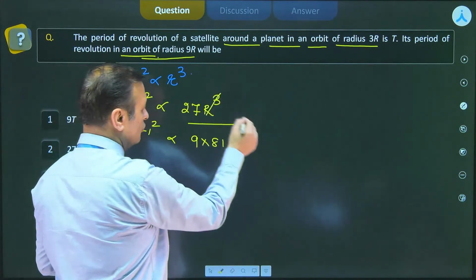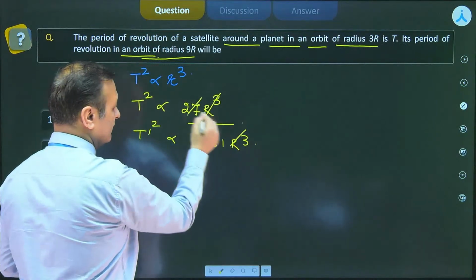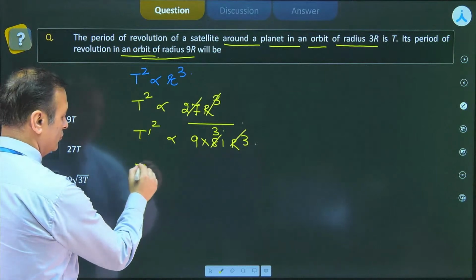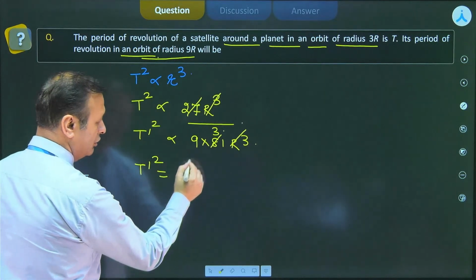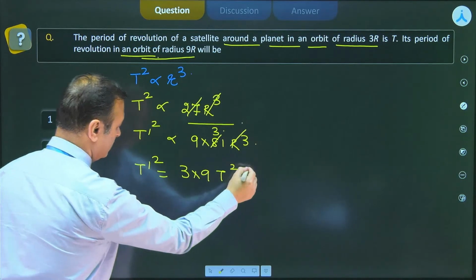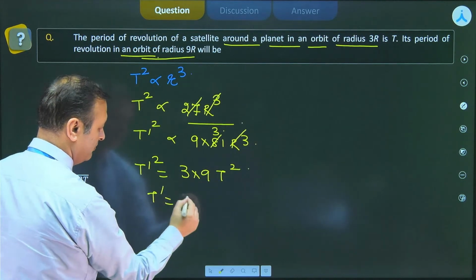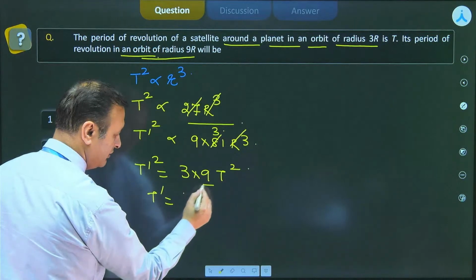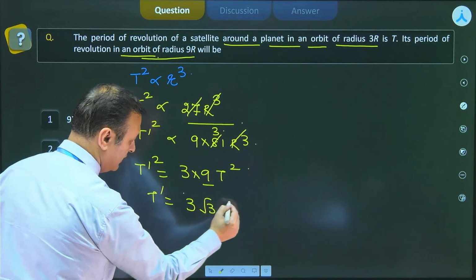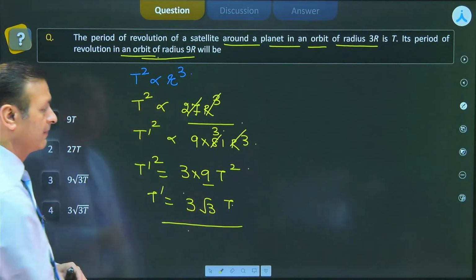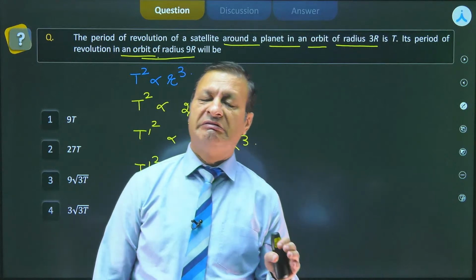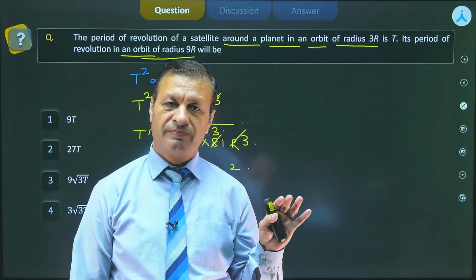So this r cube cancels, and this is 3. You got it or not? So T dash square is equal to 3 into 9 T square. Taking the square root, T dash would be 3 root 3 T. Students, you have to be very smart when you do the calculation.